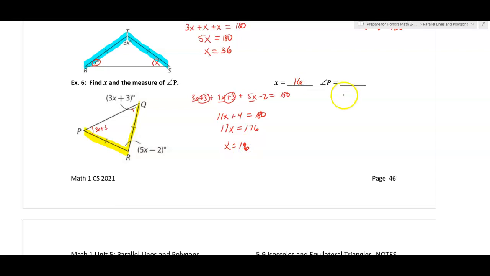Now, if x is equal to 16, angle P would be 3 times 16 plus 3, which would give you 48 plus 3, which is 51 degrees.